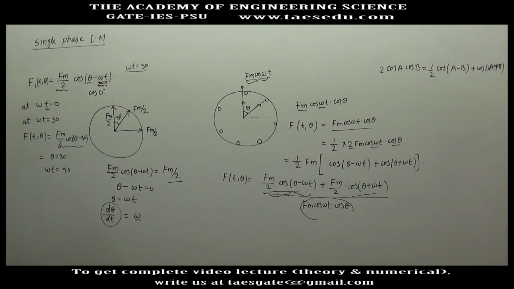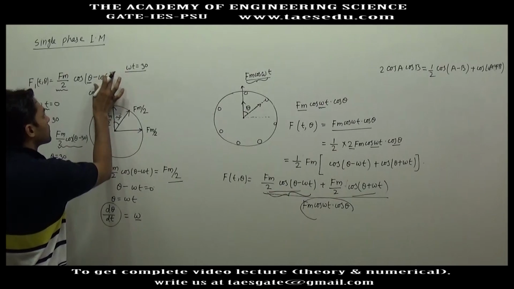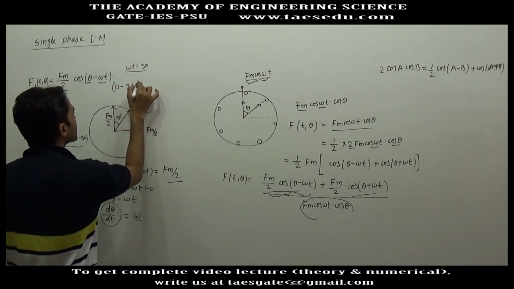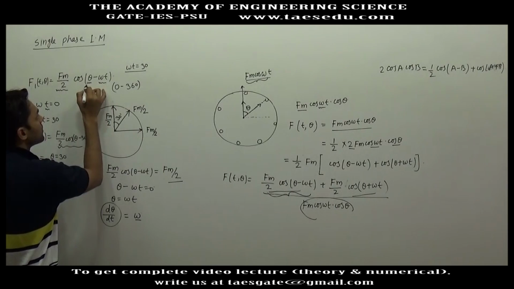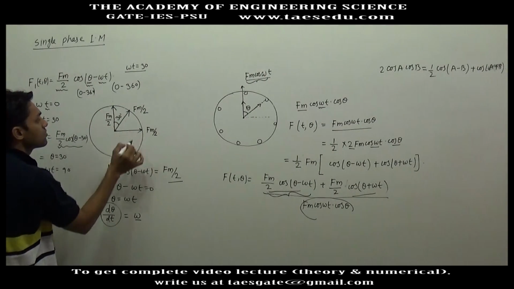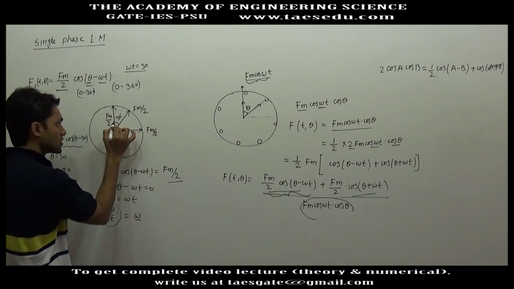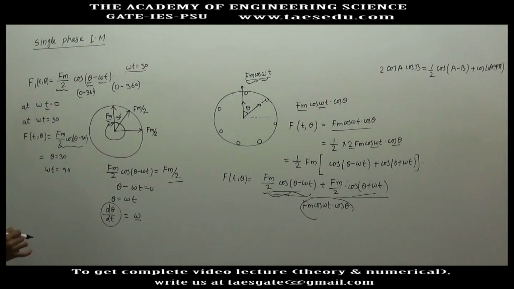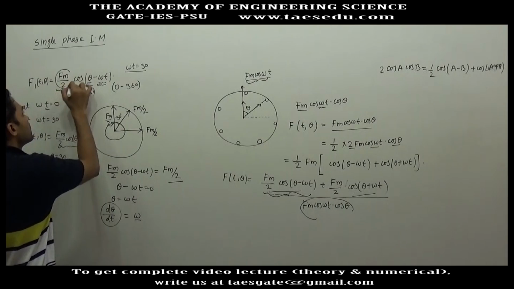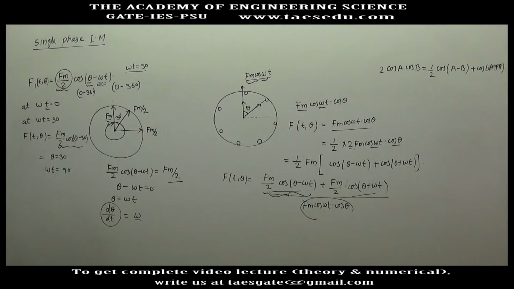Or in simple language, when omega t goes from 0 to 360 degree, theta will also go from 0 to 360 degree. It means the Fm by 2 will rotate from 0 to 360 degree, making a complete rotation. So when omega t makes a complete rotation, Fm by 2 will also make a complete rotation in space.